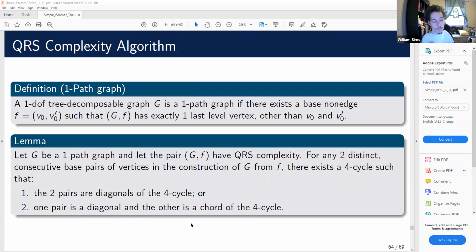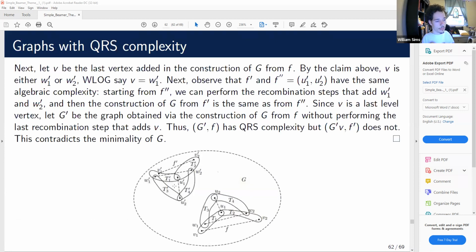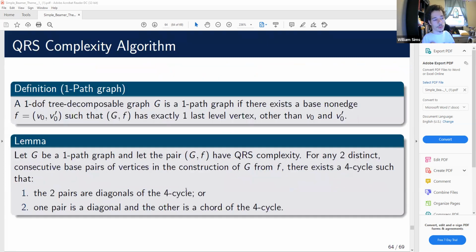And by doing that, we can then just relate distances of these 4 cycles. So we can talk about the distance of one diagonal pair relative to the other diagonal pair. And we can use this to compute the Cayley configuration space for these one-path graphs. And then it's just a simple observation that a non-one-path graph is just the union of one-path graphs, subgraphs. So that's kind of the more interesting application of the 4-cycle theorem.